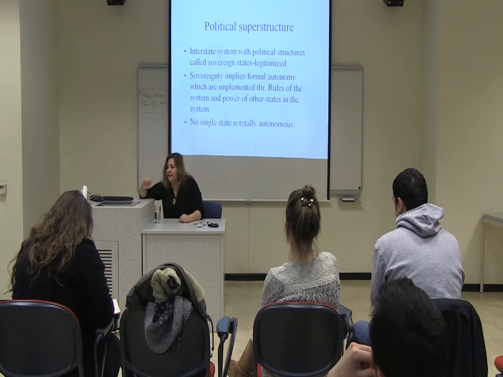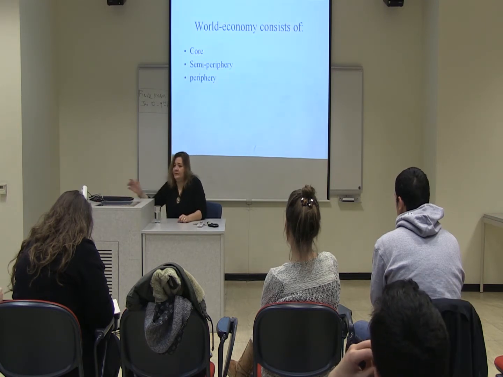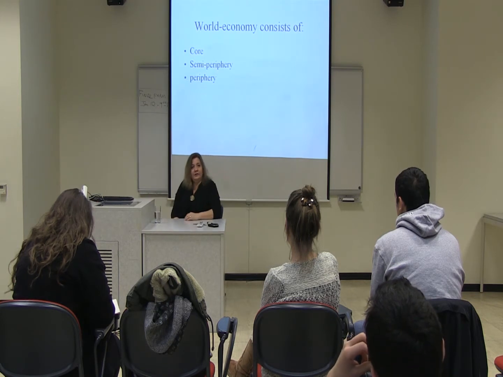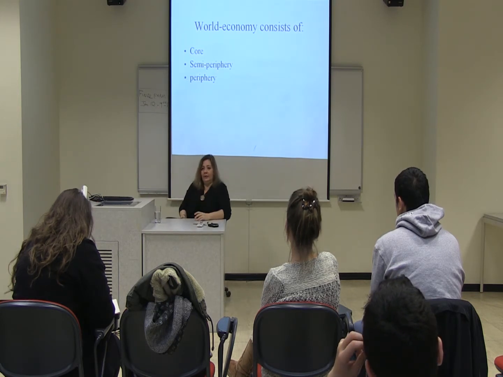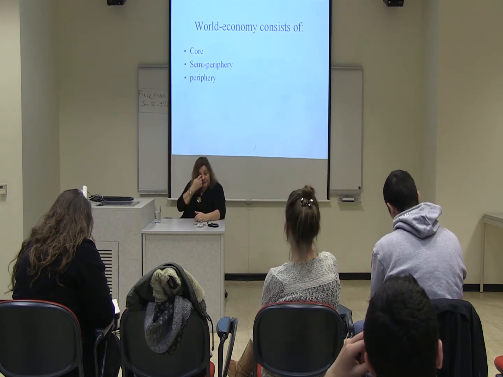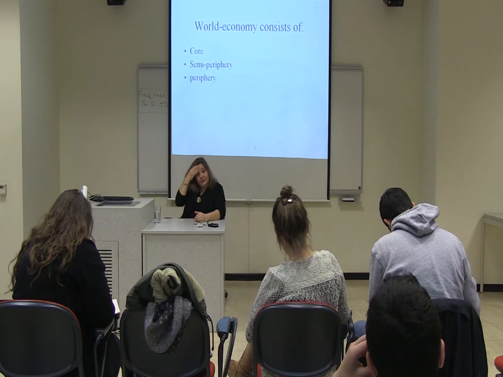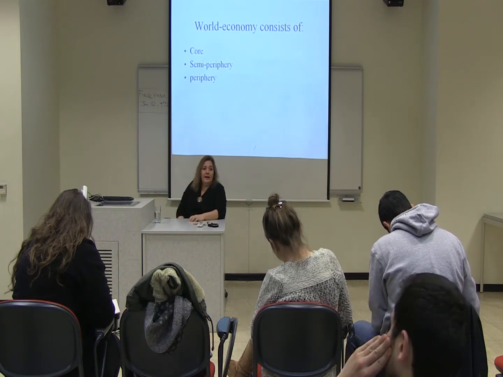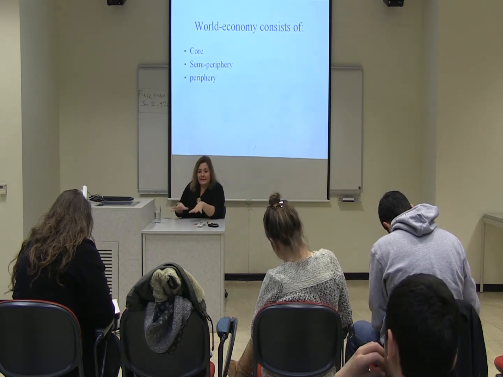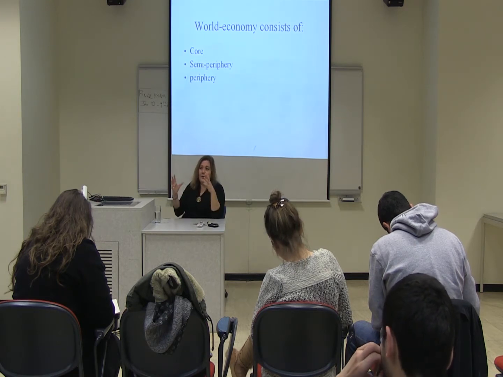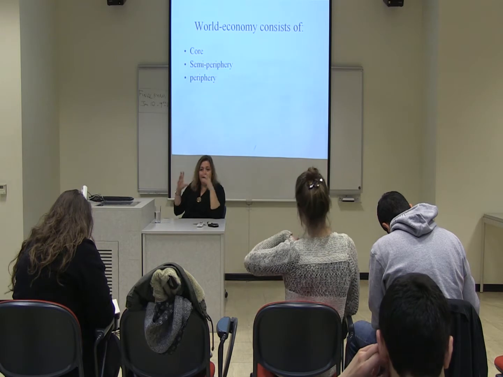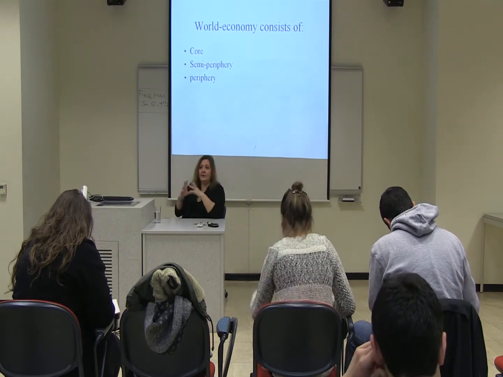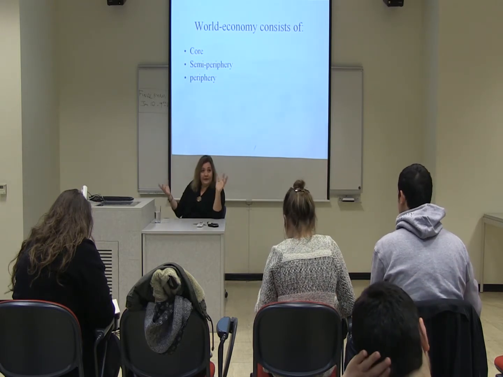So they argue that we can divide the world into different categories of states, okay, that could have a label associated with them based on the relative position that they have in the international economy. This is again similar to realism in the sense that, remember how we classified states in the international distribution of power exactly from a neo-realist perspective.